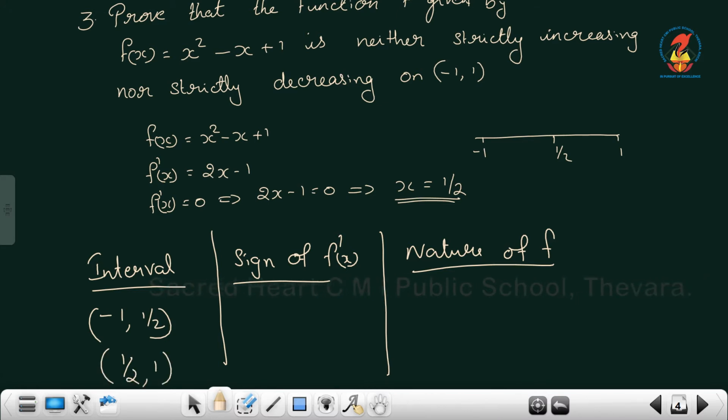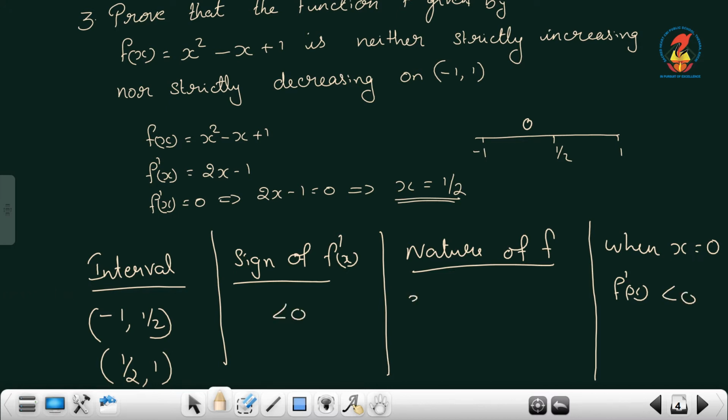Minus 1 to half, we can take 0. So when x is equal to 0, what about f dash x? f dash x is negative. When x is 0, f dash x is negative. Negative means strictly decreasing.